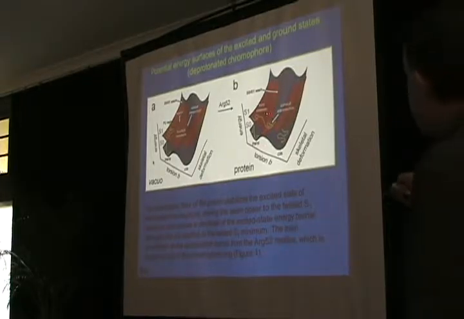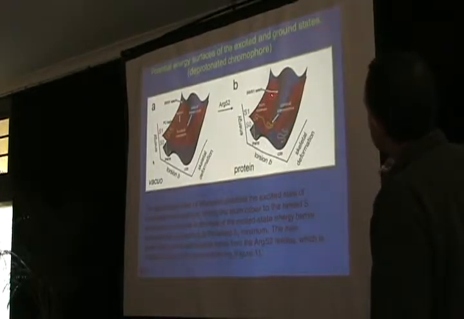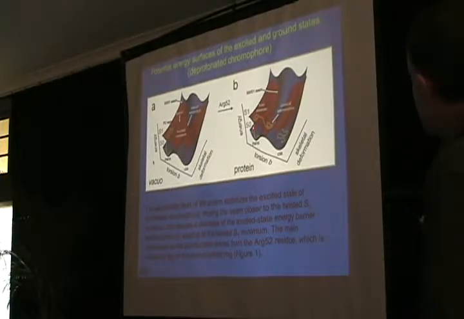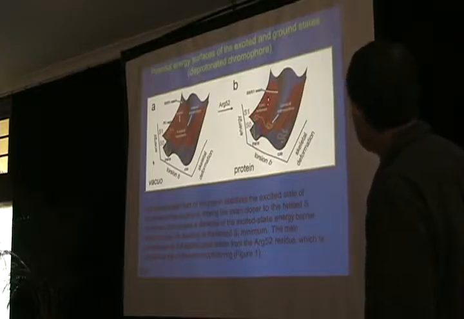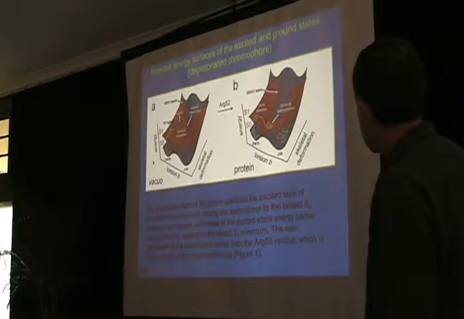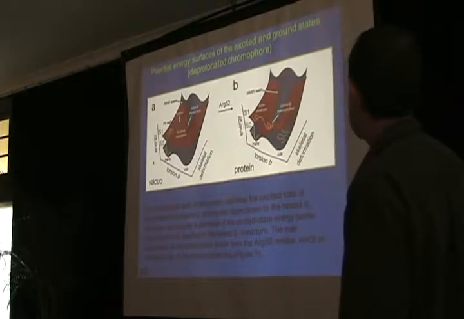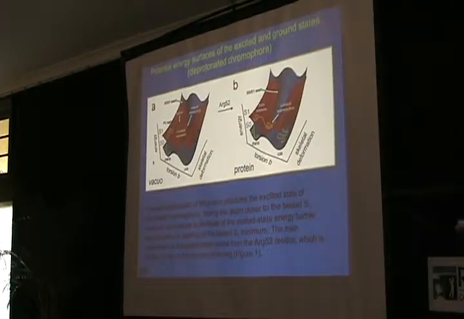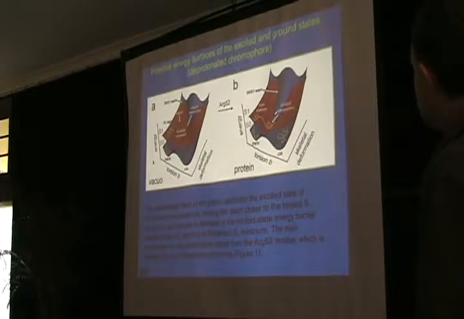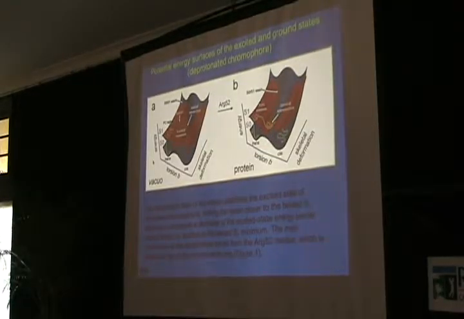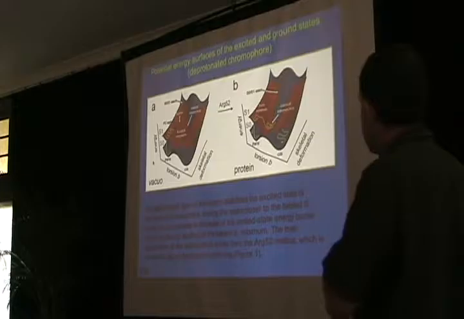The protein appears both to stabilize the excited state, to lower the energy of the excited state relative to the ground state, with the excited state at the moment in red and the ground state in blue, and to lower this barrier, which allows it to twist to a 90-degree minimum. So it tends to fall over, and then a series of bond stretching and skeletal changes bring it close to this conical intersection, where it collapses down to the ground state quite efficiently.